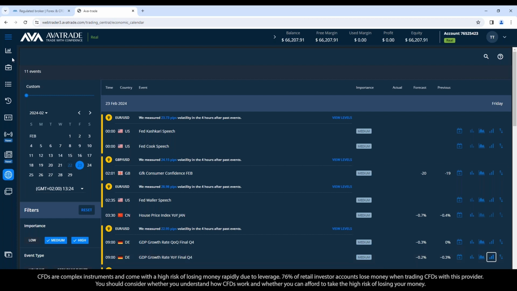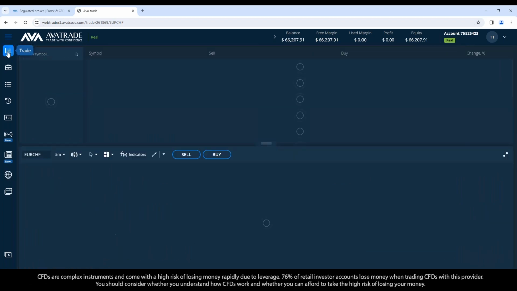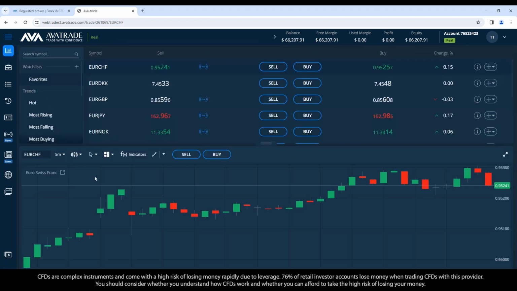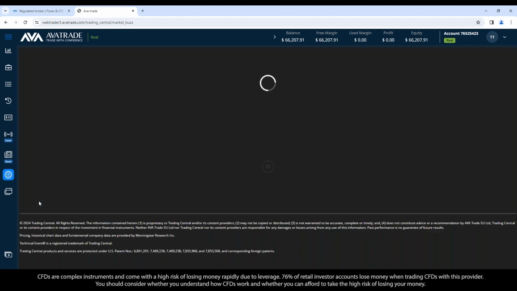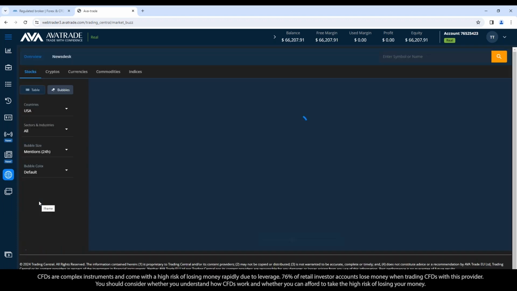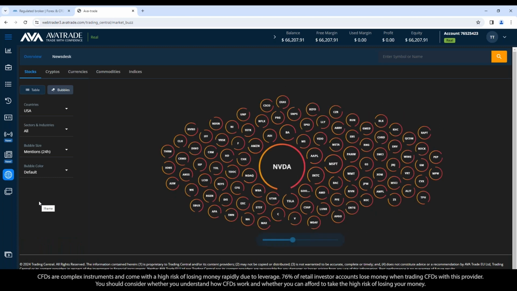Okay, let's go ahead then and look at maybe another tool. And we mentioned NVIDIA, so why not look at NVIDIA? If we want to look at a specific instrument, we can go to the Market Buzz, and we can look at the most recent news and information that's been found on any instrument we're interested in trading. And no doubt, NVIDIA is trending the most. Look at the size of this circle compared to the rest.